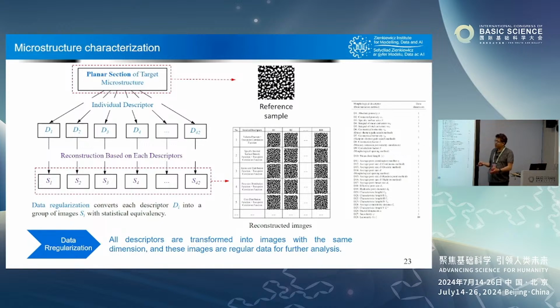So what we then did is use the same reconstruction algorithm, the same optimization technique, to build many sets of images, where each set corresponds to one descriptor.